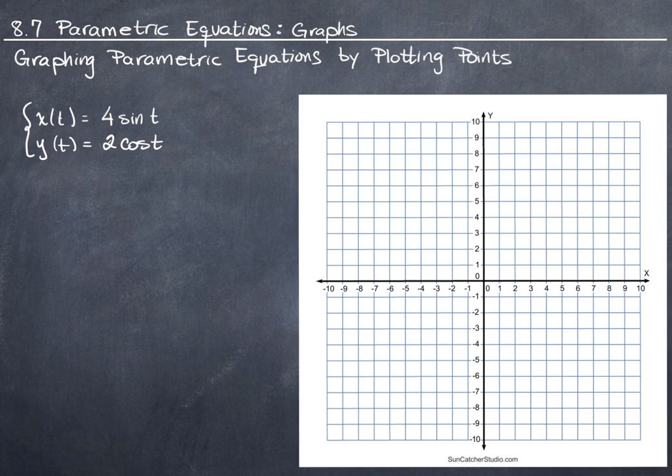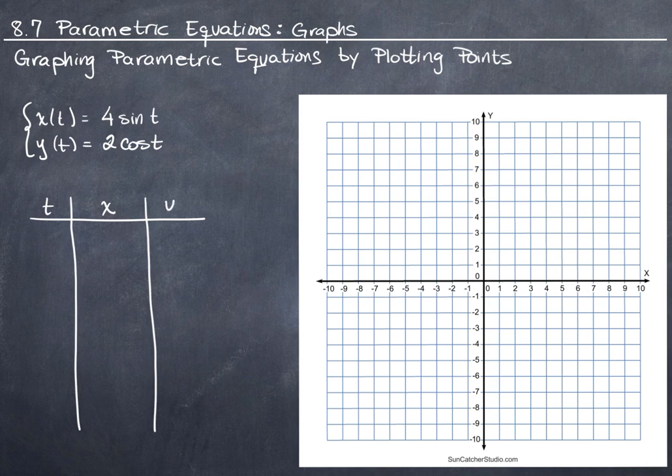I'm going to be creating a table of values, and for each value of t that I select, my functions are going to spit out an x value and a y value. The x value will come from this equation, the y value will come from this equation, and then the xy pair is what will get plotted.